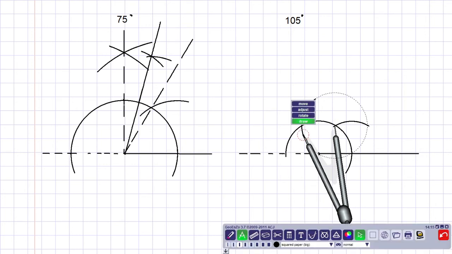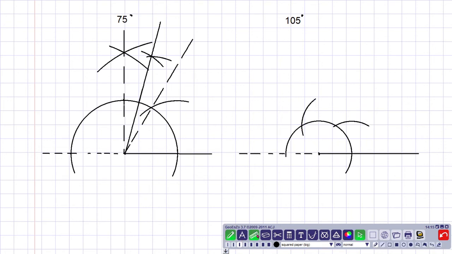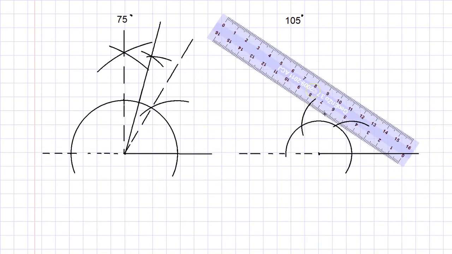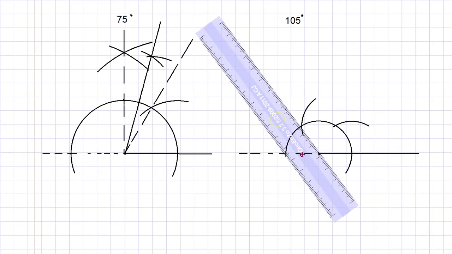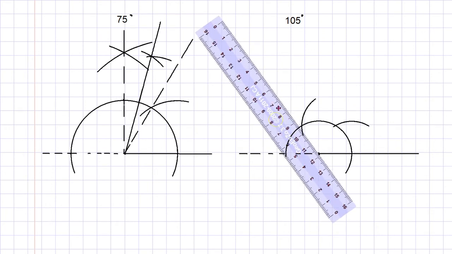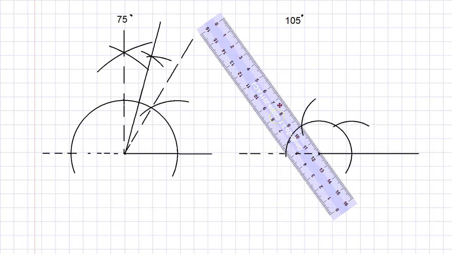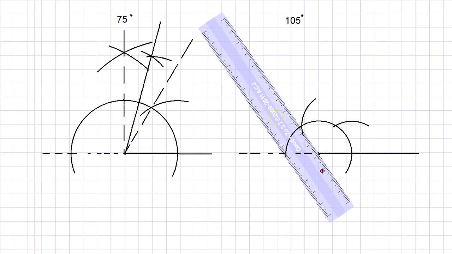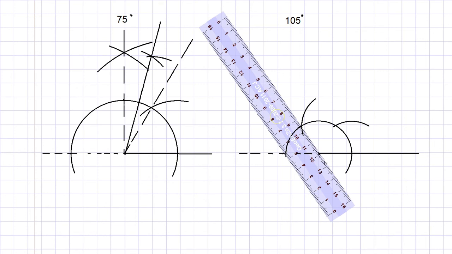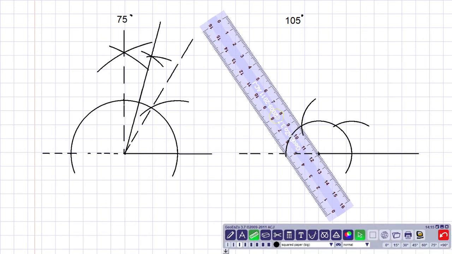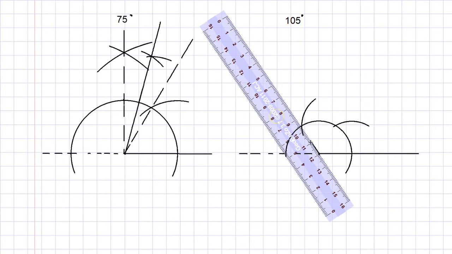Now using ruler, let's get 120 degrees angle. Join this crossing point and the vertex. Join using dotted lines. This is 120.